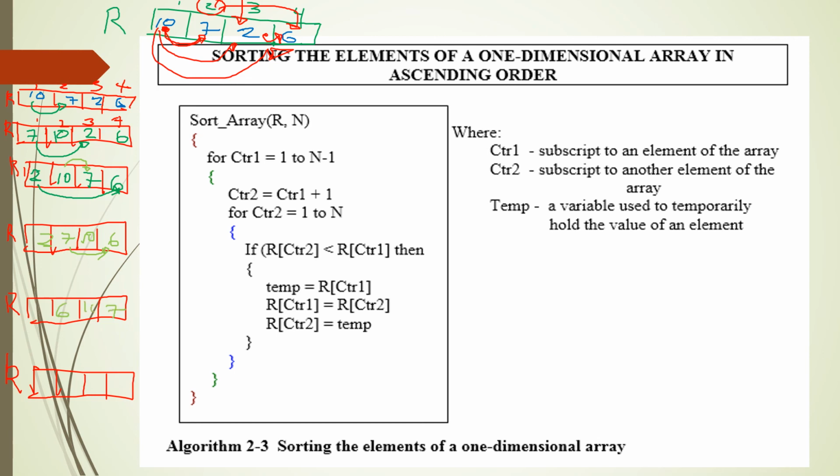And the rest copy. And last, our third element will be tested with the fourth element. So that means we're going to test 10 and 7. 7 is smaller than 10. So swap.